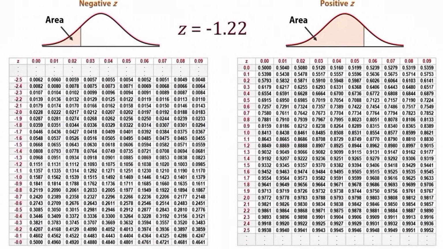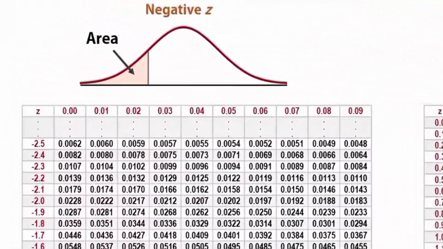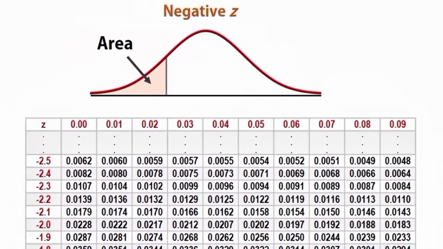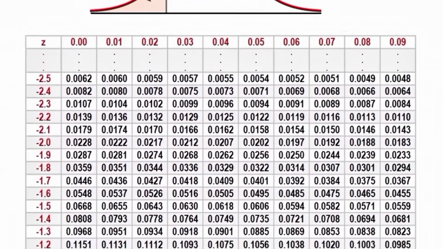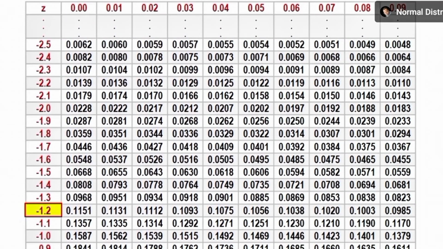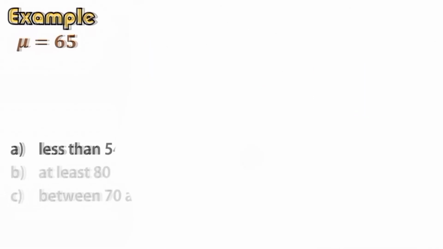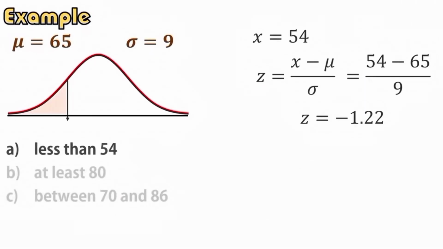Using the z-table, we have to find negative 1.2 and the 2. Where they meet is our answer. So using the normal curve, our z will be negative 1.22, since we're using the standard normal curve.